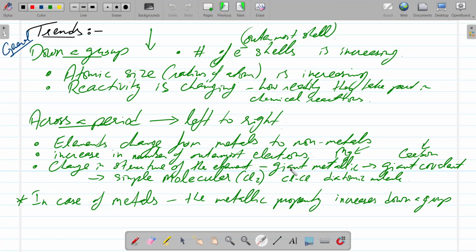You have elements that form giant metallic structures, such as magnesium, moving on to giant covalent structures such as carbon. And then you move to simple molecular, for example chlorine, which is diatomic. And then finally, for group 8, you have monatomic gases.